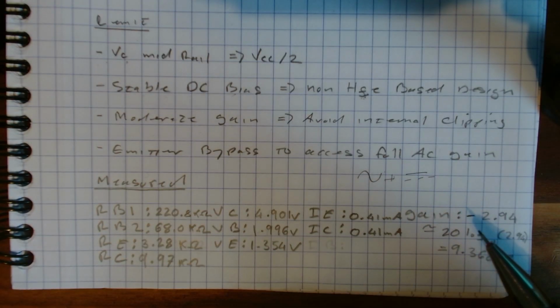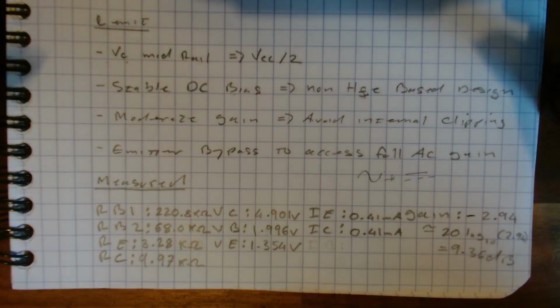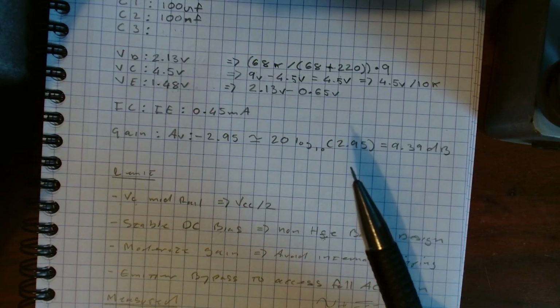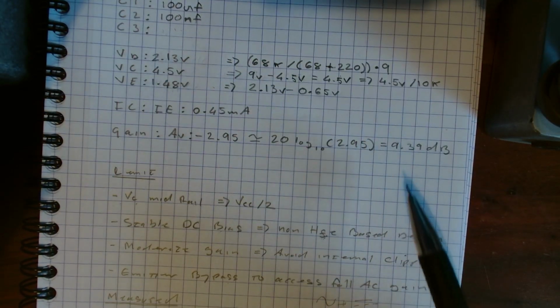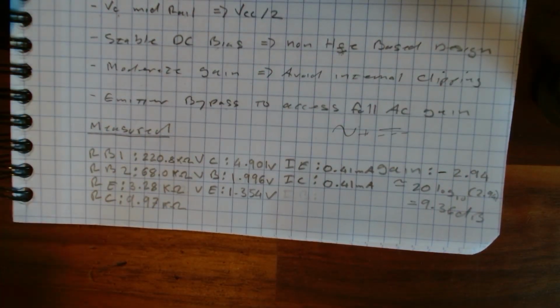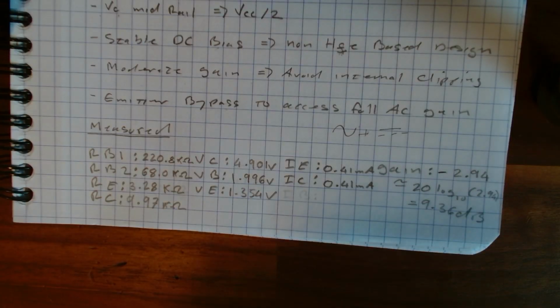But when you actually look at the gains here, 2.94, and up here 2.95, in decibels that's 9.39 and 9.36. So we're still getting basically the same output, even though our actual values were not exactly what they should be for the math.